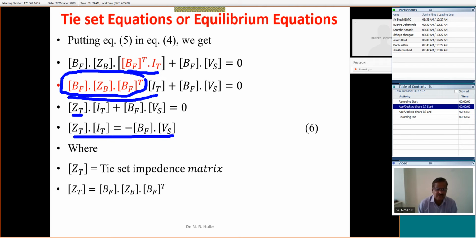ZT into IT is equal to minus BF into VS, where ZT is the tie-set impedance matrix and its value is BF into ZB into BF transpose. And this equation is nothing but the equilibrium equation in case of the tie-set matrix.